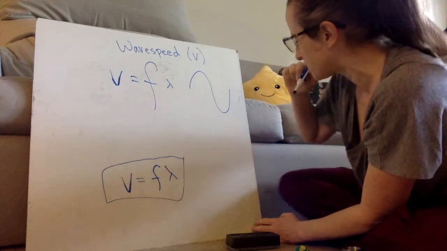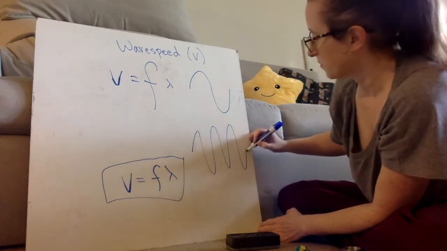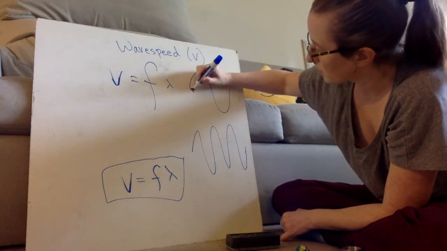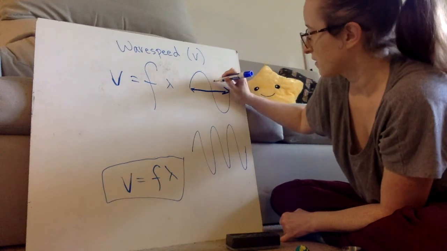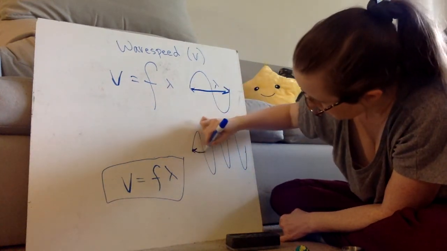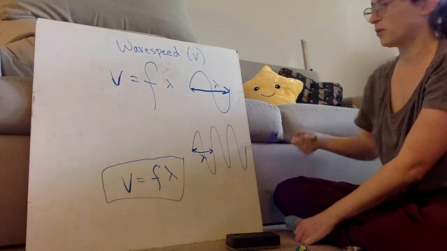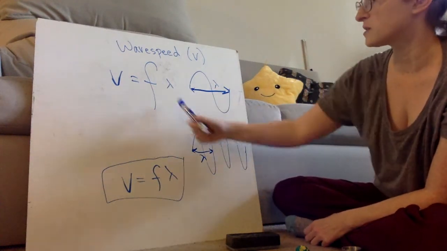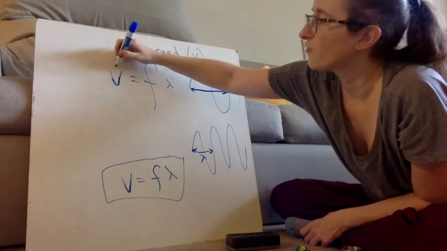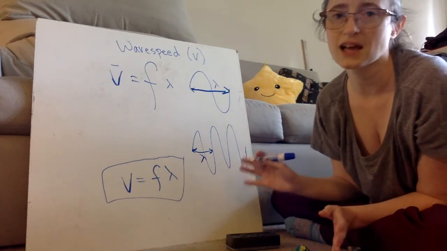I actually just showed, I should have kept that last picture. So if this is my wave, my frequency is low and my wavelength is long. Whereas here, my wavelength is getting shorter with my increased frequency. So if I have a large frequency here, that means the wavelength is smaller. The wave speed stays the same. It stays constant.